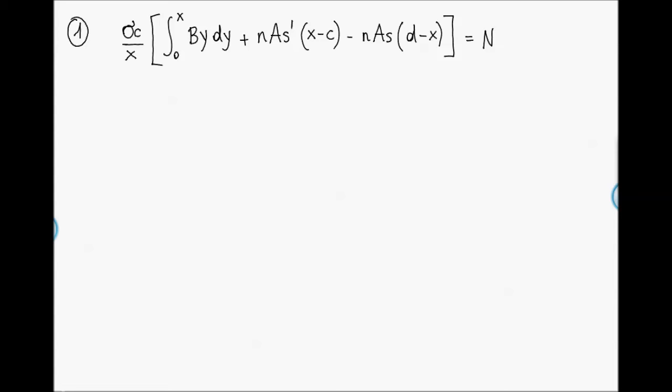Well, in this expression, I've just substituted the values for the stresses in the concrete and in the steel that we have previously determined, and I have taken out from each contribution the term sigma c over x.